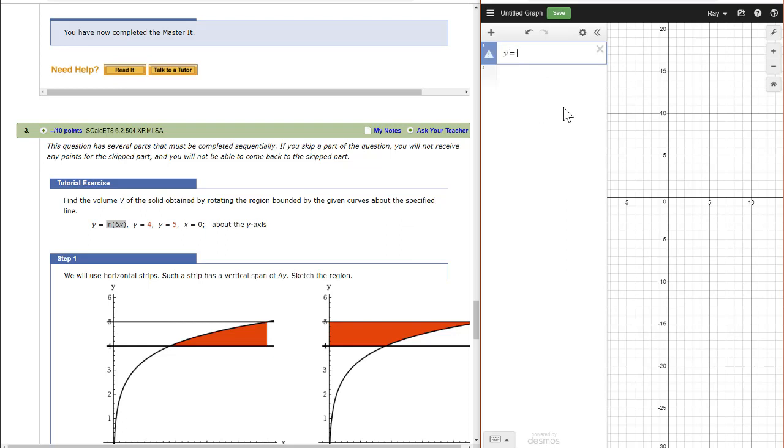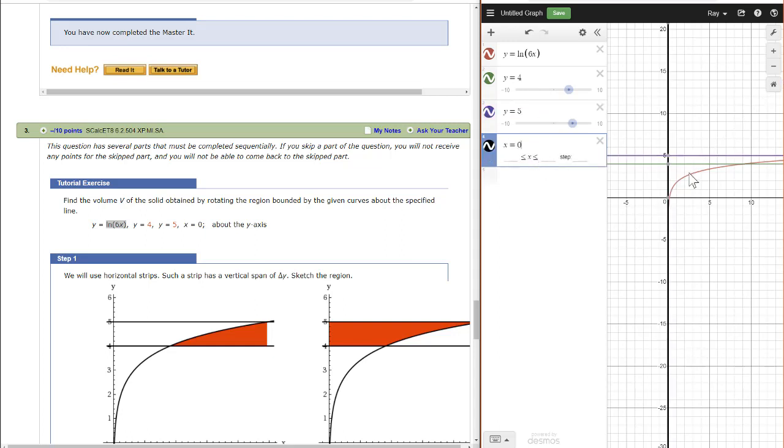Y is equal to ln of 6x. And then y equals 4, y equals 5, and x equals 0. So what we have here is a space.